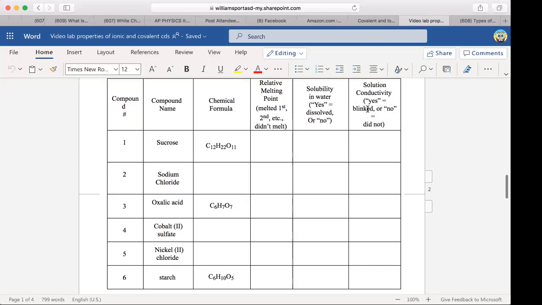Basically, if the light comes on in the conductivity tester, then the solution conducts electricity. And if it doesn't, then it doesn't. So whenever you hear the term electrolyte, electrolytes are compounds that are placed into water that then make water conduct electricity, but water normally does not conduct electricity.